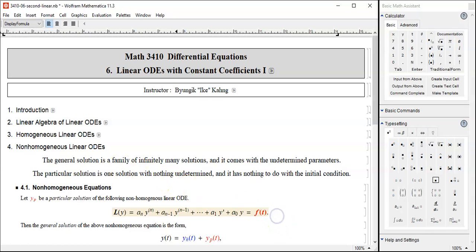Now, if you begin with a linear ODE, then you're going to get a system of linear equations of these undetermined parameters. So you can solve it and you're going to get a unique solution. And that unique solution of undetermined parameters will give you the unique solution of the ODE and the IC, the one and only solution that you want.